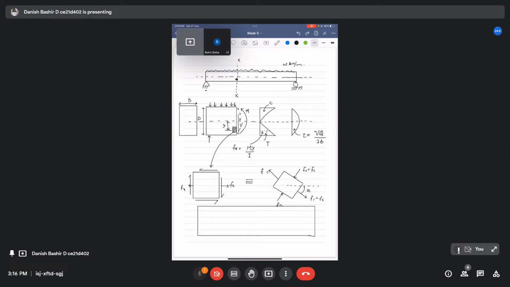So if I draw all those trajectories, I will get trajectories like this. These are the principal stress trajectories.